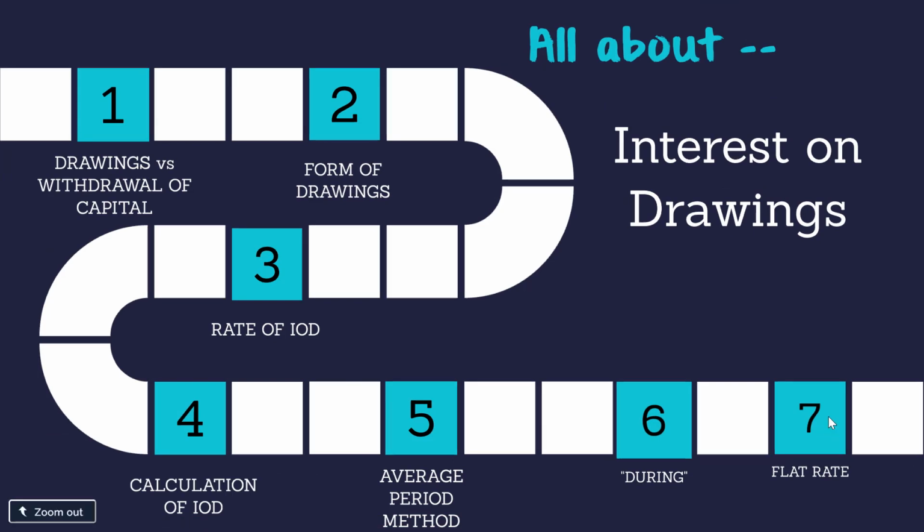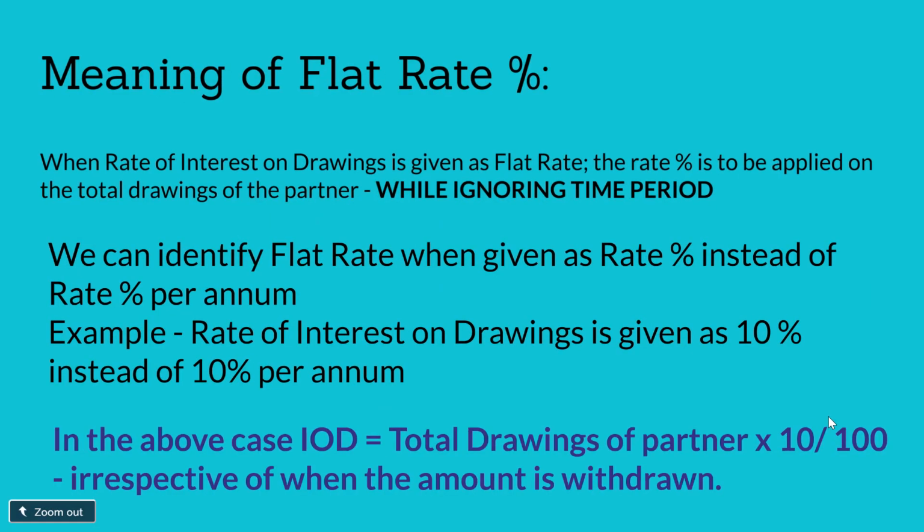And the final concept is flat rate. When rate of interest on drawings is given as flat rate, apply the rate percent on the total drawings of the partner while ignoring the time period. How do we identify flat rate? The words per annum, per month, etc. will not be given. For example, interest on drawings rate is 10% or just 20% and so on.